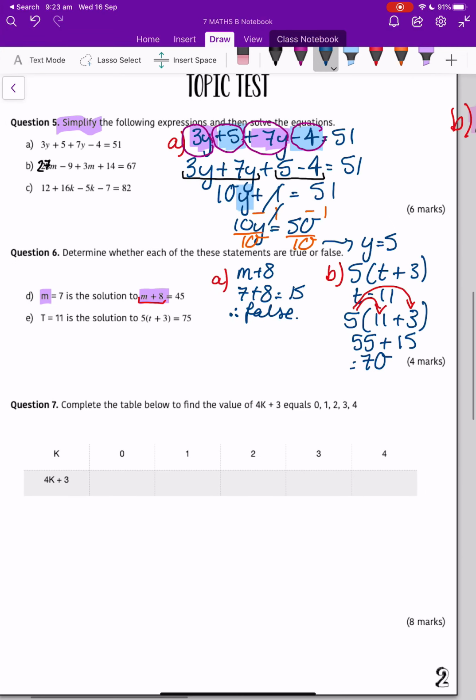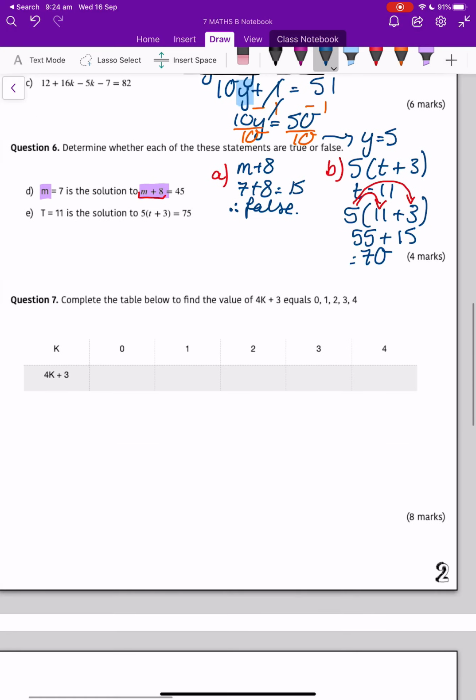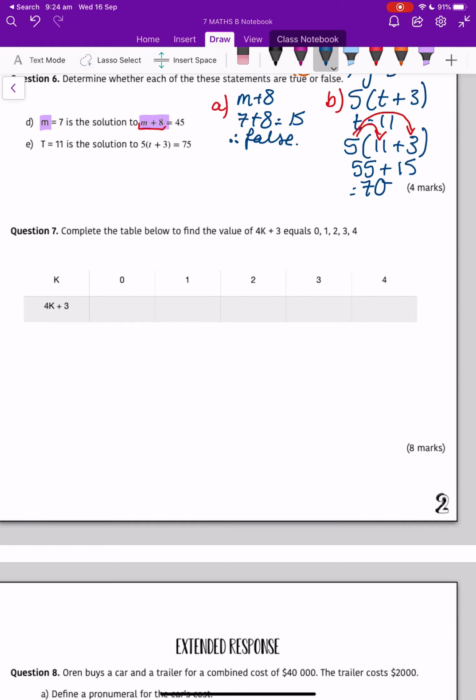Okay, let's do the next question. Complete the table below to find the value of 4k plus 3. And it gives you the values of k. So 4k plus 3 is a rule that we talked about.